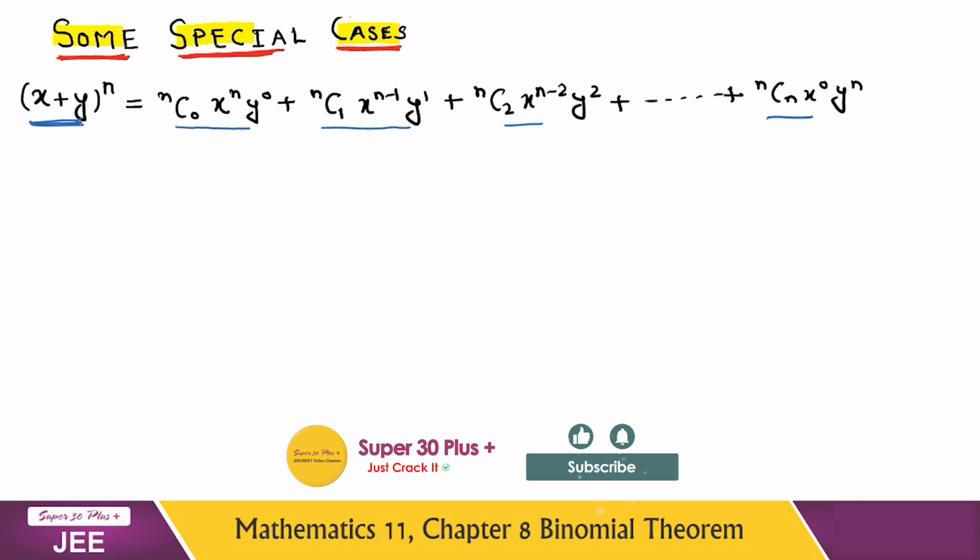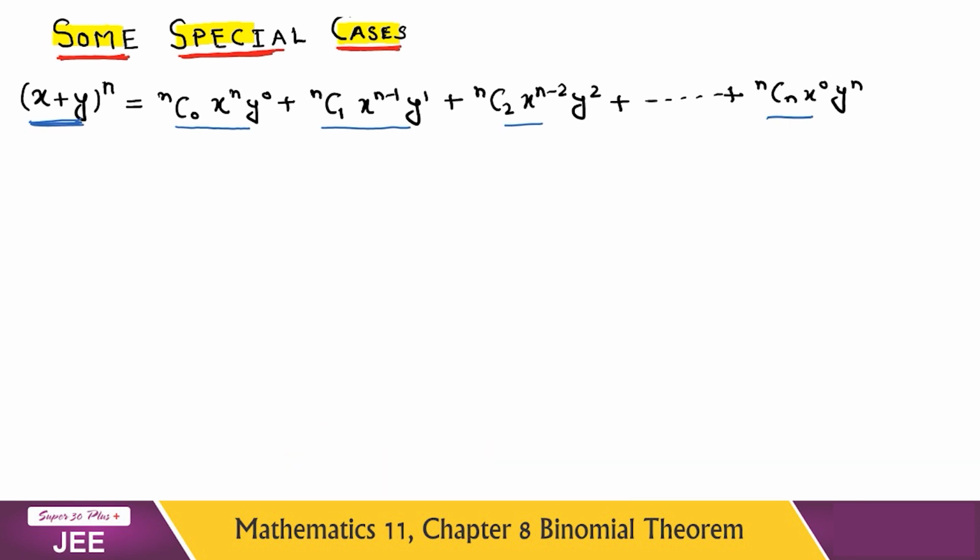We have studied in our earlier classes how to write the binomial expansion. Now, if I replace the variable y with minus y, that replacement is going to be made in LHS as well as RHS.